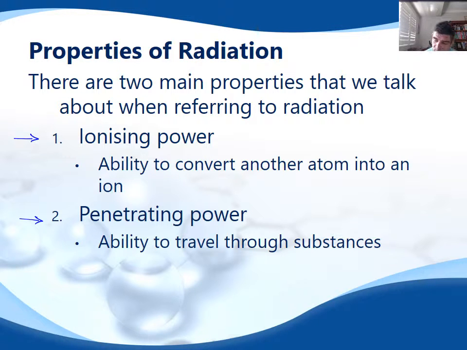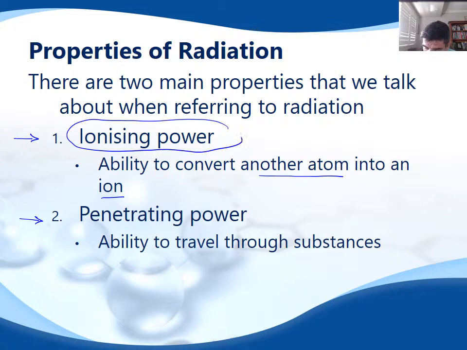And that is their ability to convert another atom into an ion, which we call the ionizing power. How readily do these particles of radiation cause ionization in other atoms? And the other thing that's very important for us to look at is how far can each of these particles or rays travel through different substances? And we call that their penetrating power.